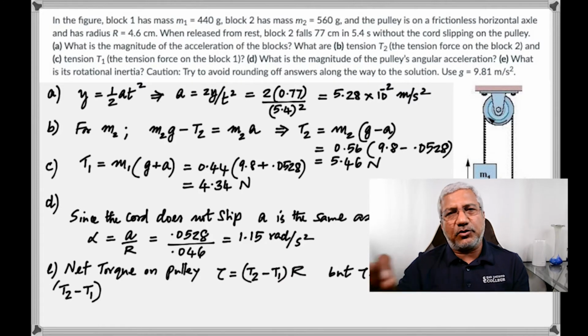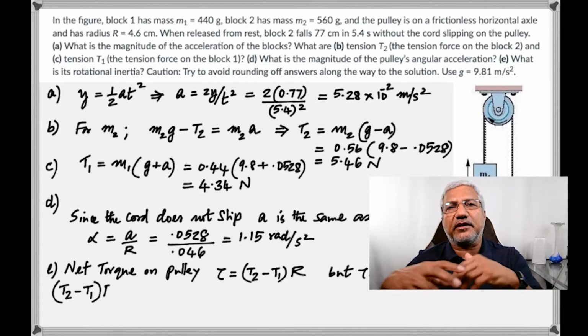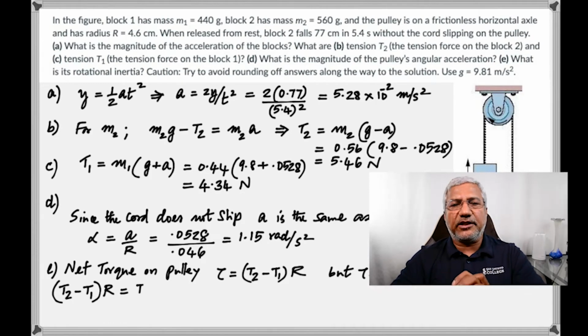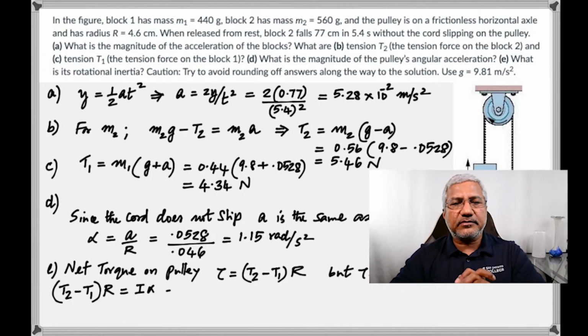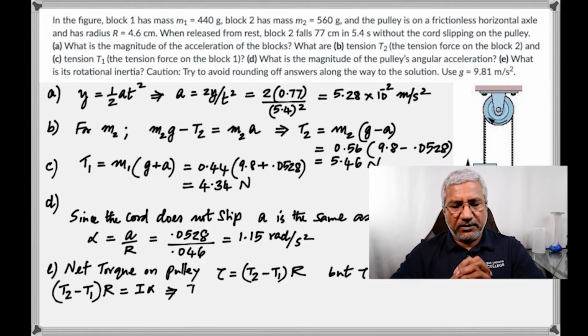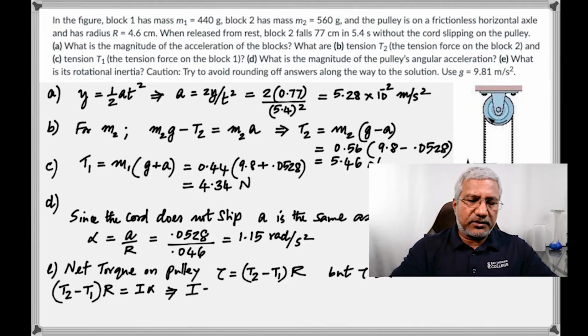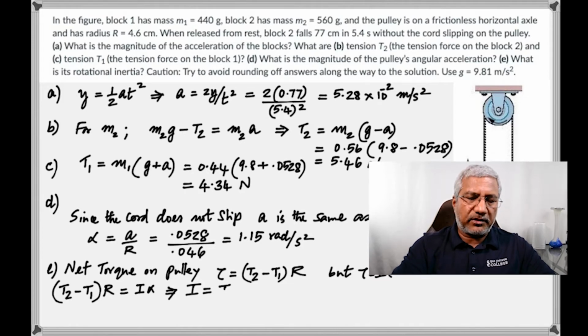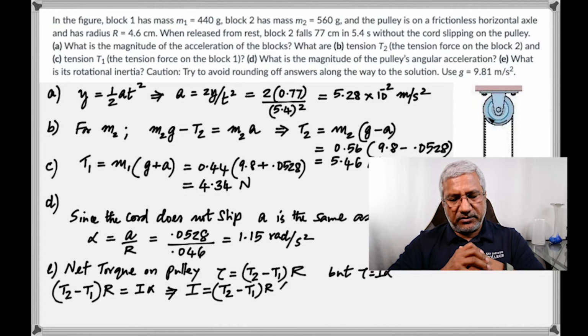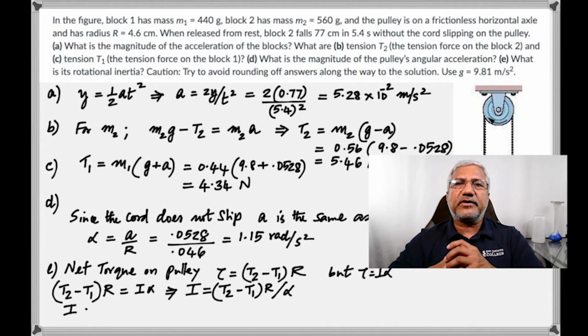But the net torque is I times alpha, so we can rearrange that and find I, which is the rotational inertia. So I is equal to (T2 minus T1) times R divided by alpha.